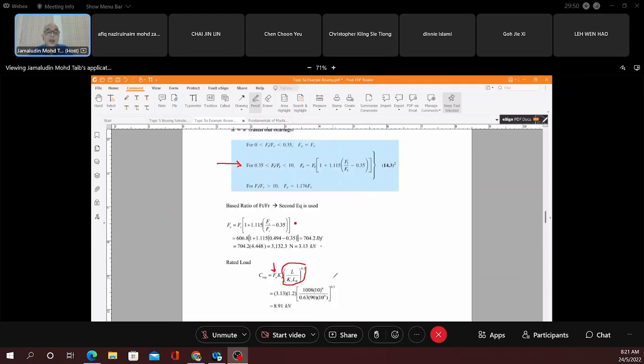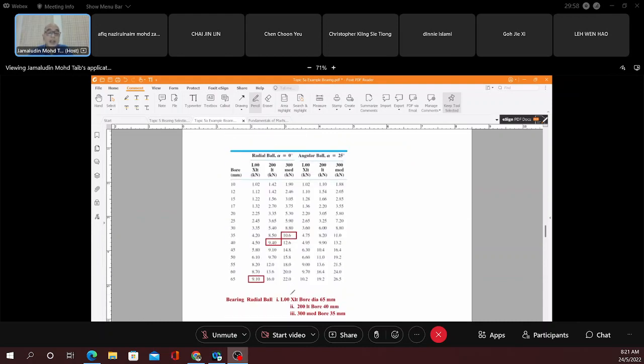In this case, we use radial only. We get F equivalent, you insert all the values, got 8.91. Okay, then we have to choose larger than 8.91. The C0 going to be 65. For 8.91, 9.4, the possible is 40 bore diameter.